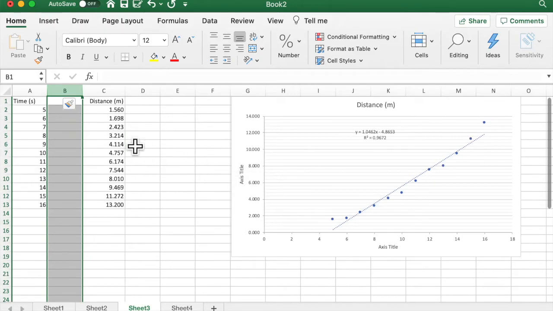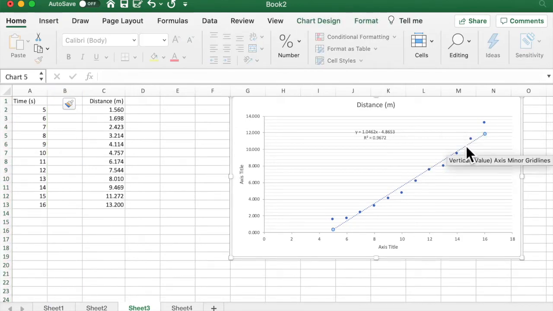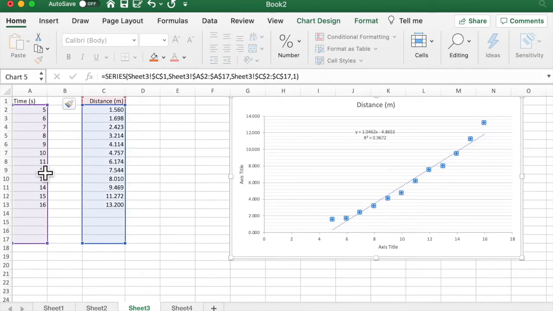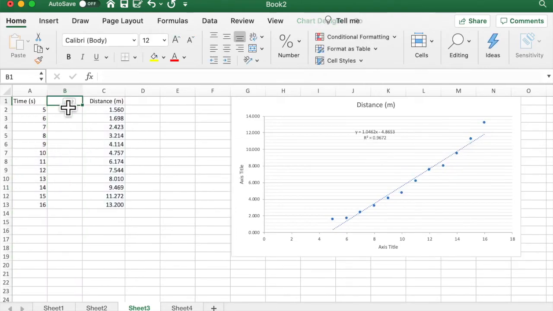Now you can see that even though I inserted more cells, Excel's smart enough to go, hey look, we're going to have our data be these two columns. So let's put another column in here, and we're going to be squaring our x values. So we're going to have time squared, and that's of course going to be in seconds squared.